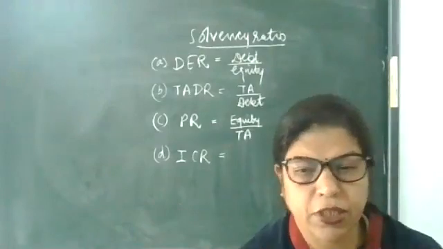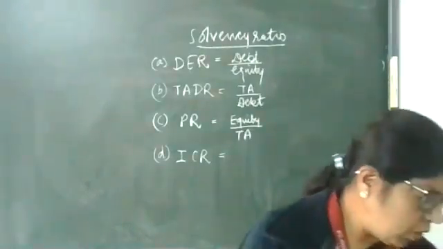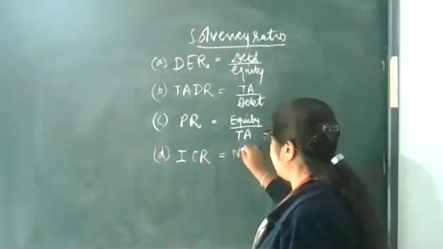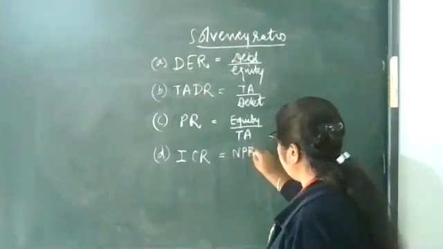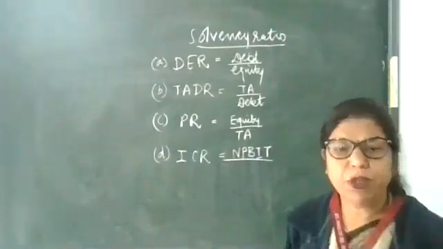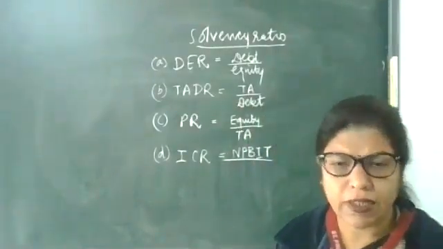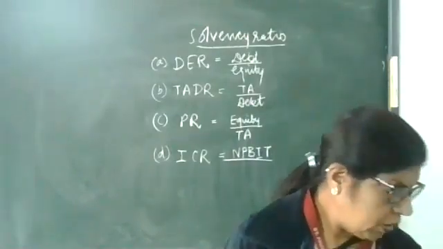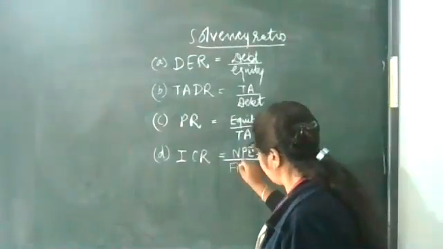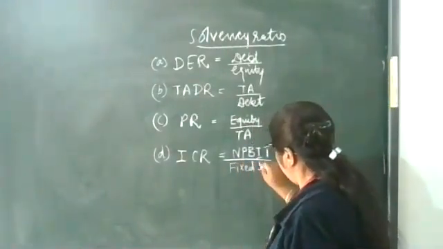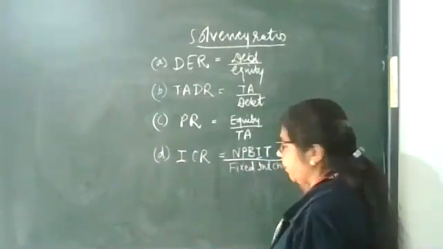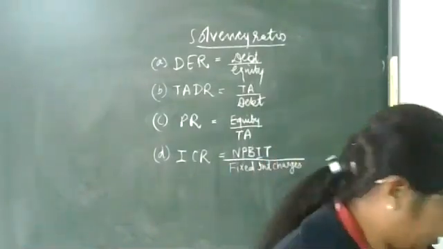The formula is net profit before interest and tax, NPBIT, upon fixed interest charges.